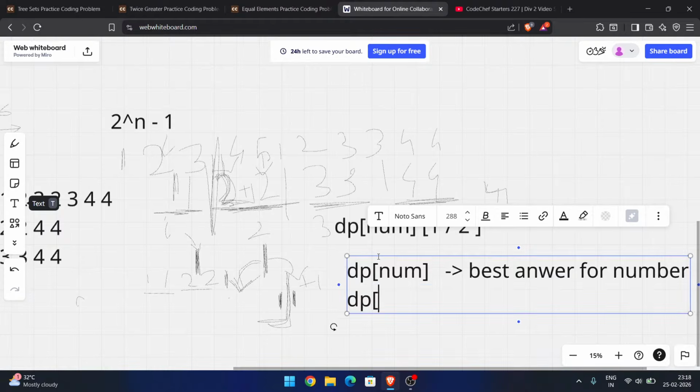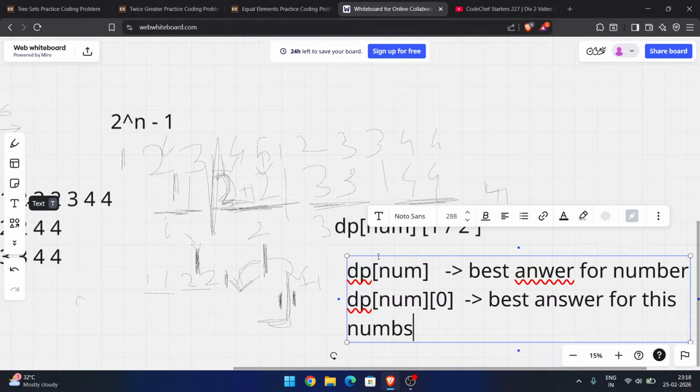What is DP of zero storing? It's storing the best answer for this number as position one, meaning this number is in its first position.